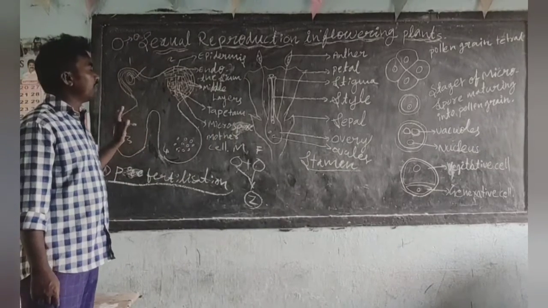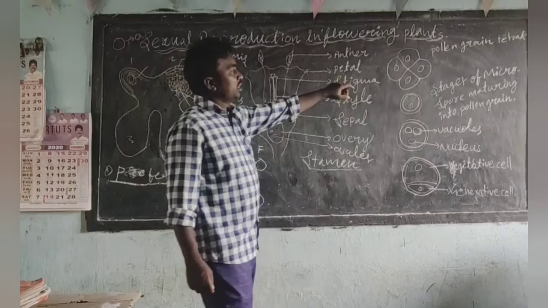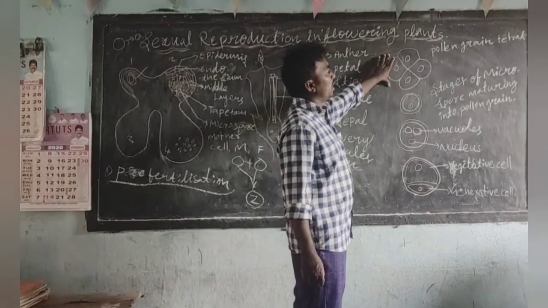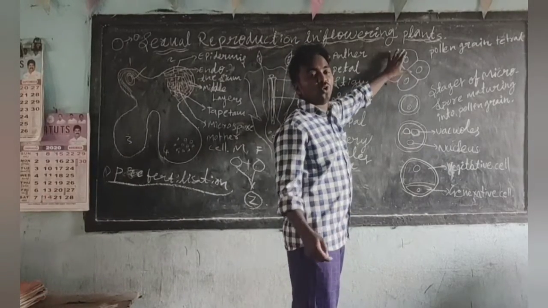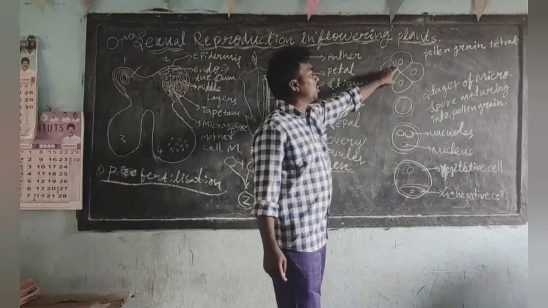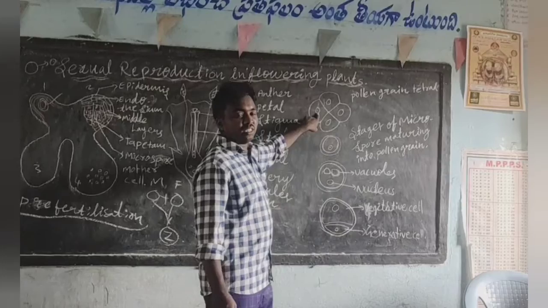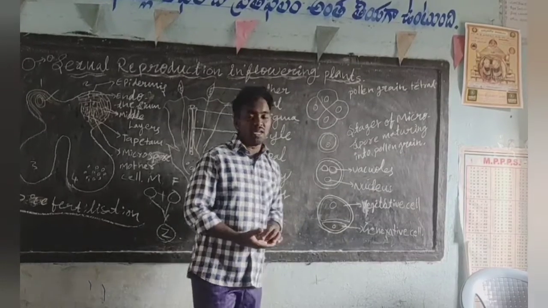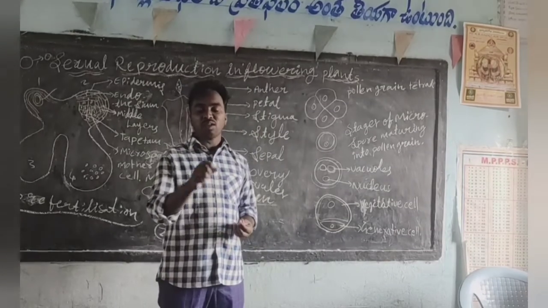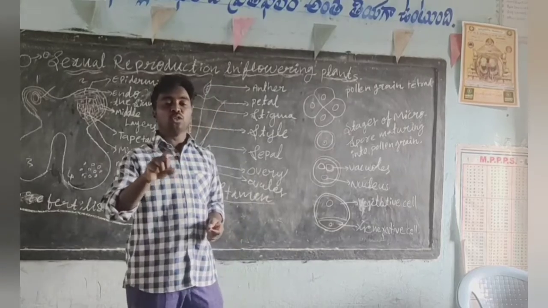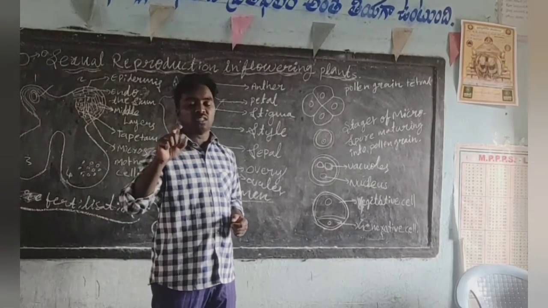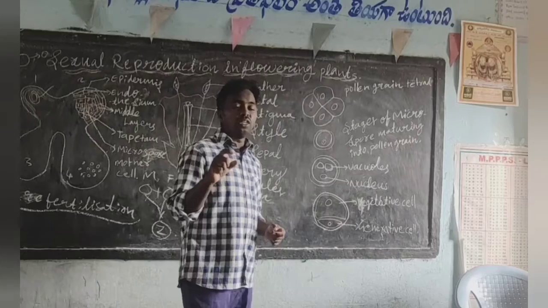Okay, next one, here just look at the pollen grain tetrad. Tetrad means a 4-lobed structure. Every 4-lobed structure contains tapetum cells, and these tapetum cells contain the sporangium, microsporangium, which means from those microsporangia, microspores are released, and those are called pollen grains.